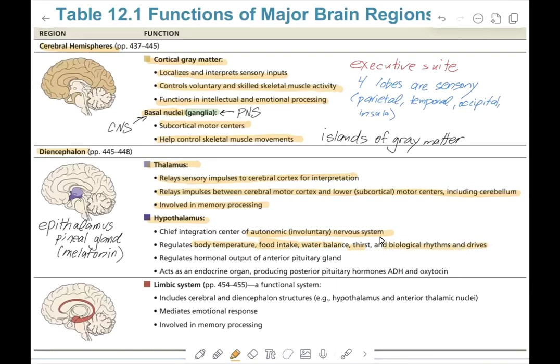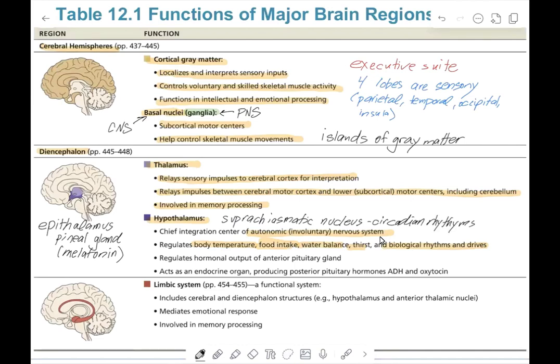So those circadian rhythms. Remember, one of the nuclei that I wanted you to know was the suprachiasmatic nucleus. And this is the one that controls the circadian rhythms.